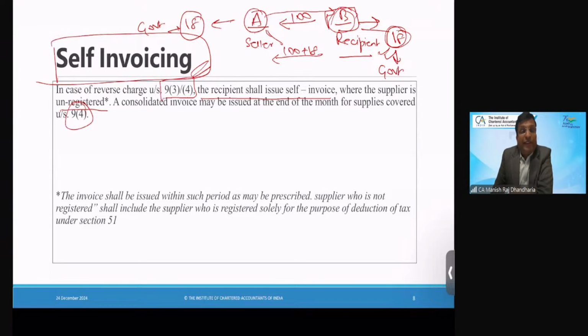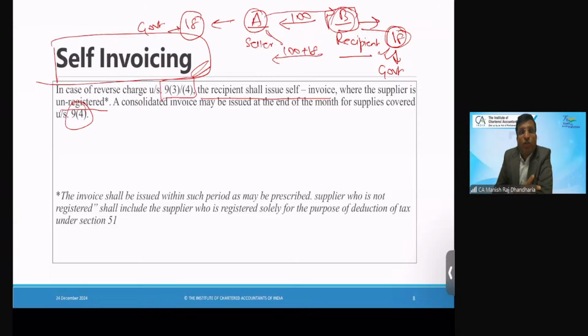Look, notification number 11 of Central Tax (Rate) 2017 gives the list of items where compulsory RCM is applicable. Like in case of GTA services, goods transport agency services. If you receive GTA services, then you have to compulsorily pay the RCM.